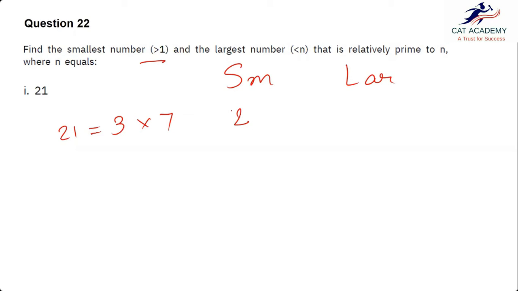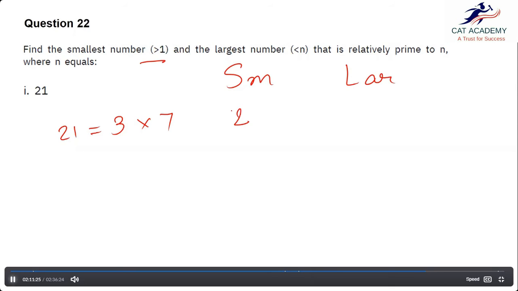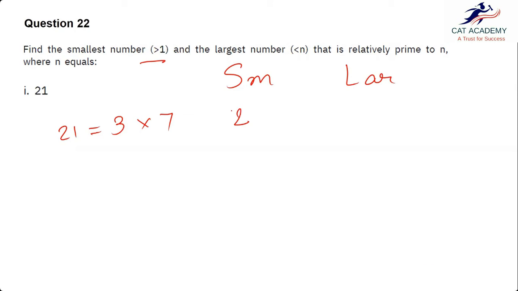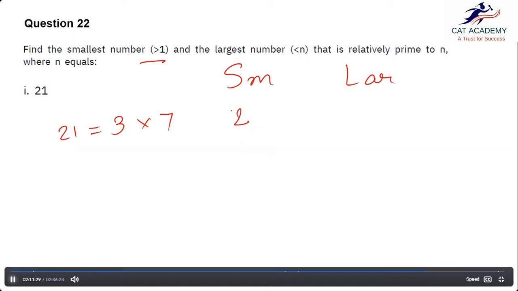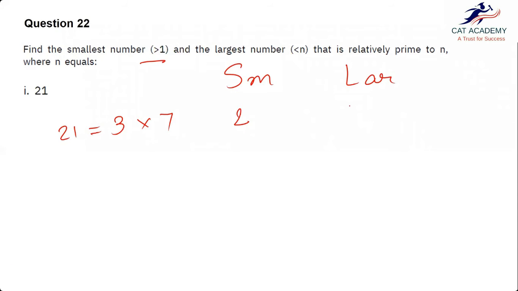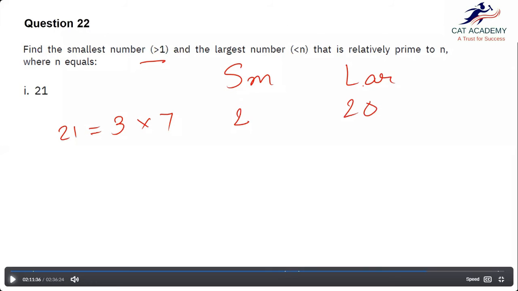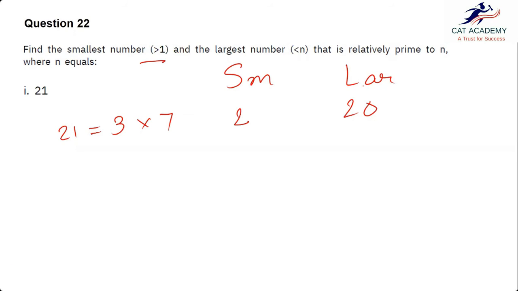No. So any two consecutive numbers can never have any common factor. So 21 must be co-prime with 20. Right?